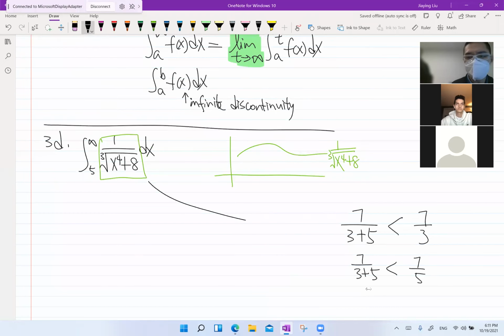So I can kind of make it look like that, basically. Think about the denominator has two terms. If I drop one term, say we drop the 8, for example, I'm comparing 1 over cube root of x to the 4th plus 8 with 1 over cube root of x to the 4th.